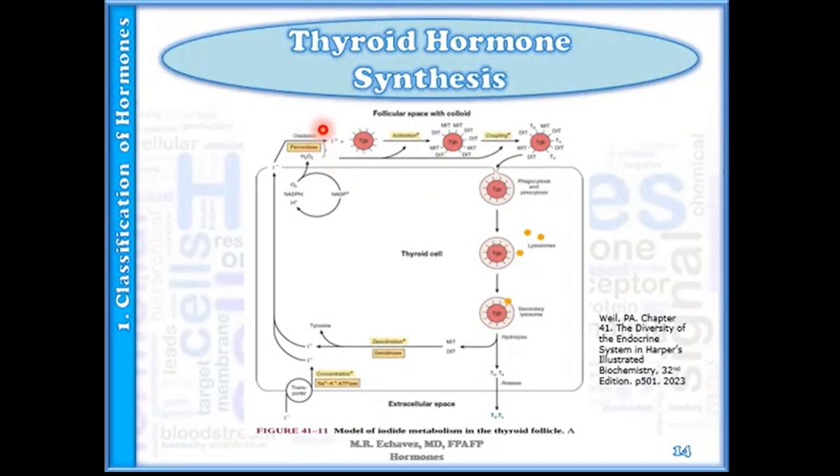And then it also meets up with your thyroglobulin. Your thyroglobulin is a protein which is synthesized in your endoplasmic reticulum inside your follicular cell. Once it is complete, it is also exocytosed to your colloid. That's where your iodine and your thyroglobulin will meet.